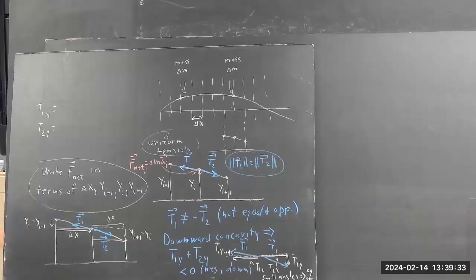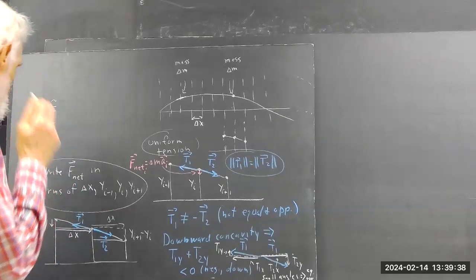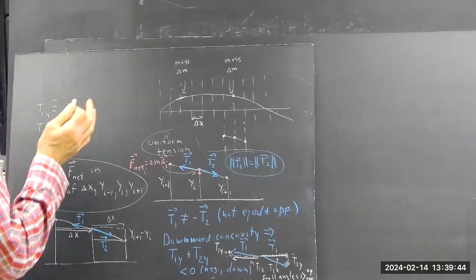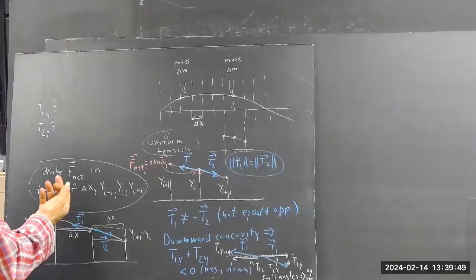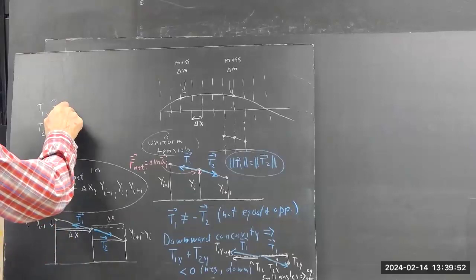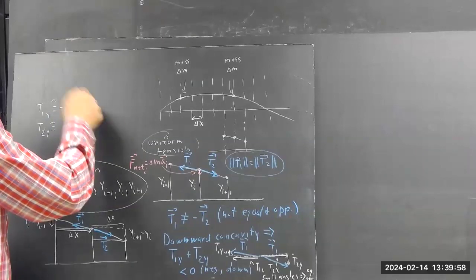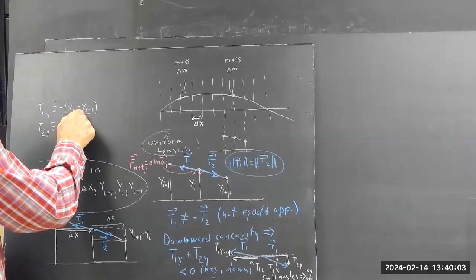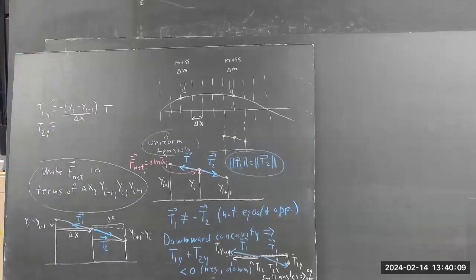Okay, for small angles, T1y is approximately, we'll say, because it's not exactly equal, of what? Be careful, yi minus 1 is negative, but T1y is positive. It's going to be the negative of yi minus 1 over delta x times T. That makes sense?